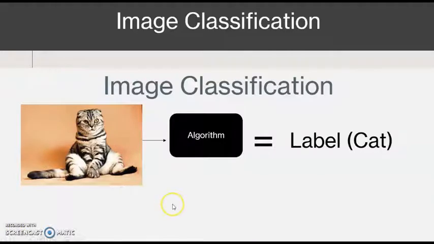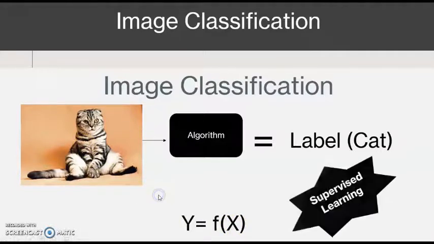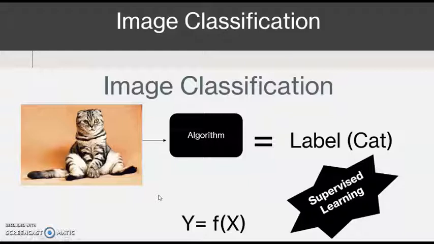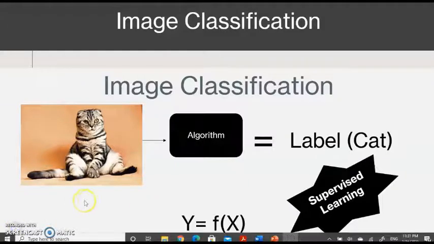So the output is equal to a function of x, the input. And this is what's called supervised learning in machine learning. In a supervised learning algorithm, the input is always labeled based on the model trained.